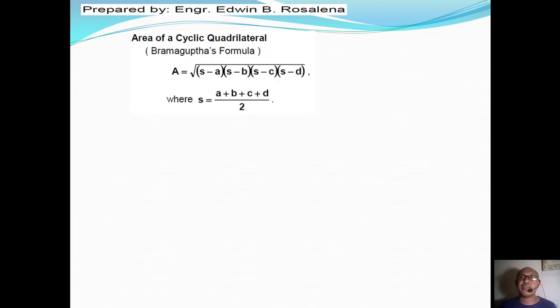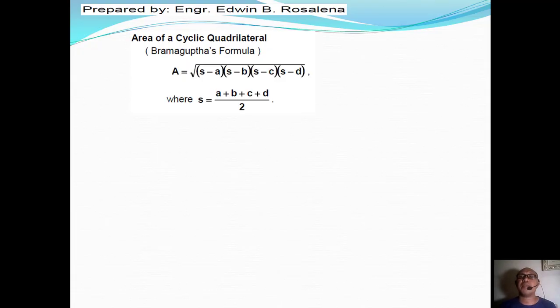So of course, we can just divide the quadrilateral into two triangles. And possibly, we can use the area of the triangles in order to solve for the parts of the quadrilateral. Then the total area of the quadrilateral is just the sum of the areas of the parts.